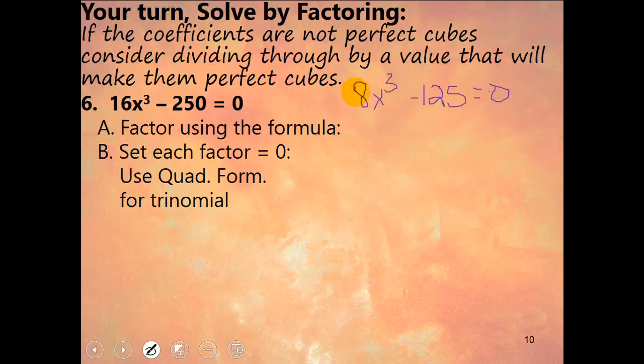And then you would proceed from there. This would be 2x and this would be 5. And I think you have the process down. So this would be 2x minus 5 and then 4x squared, opposite sign, plus 10x, always positive, 25. And then we would proceed from there.